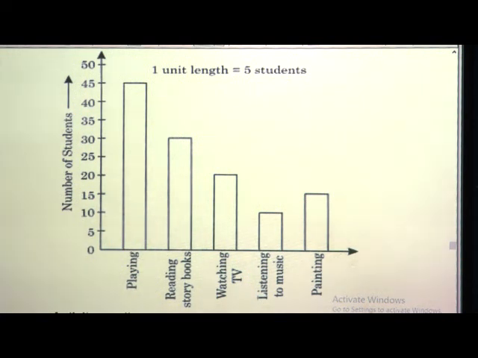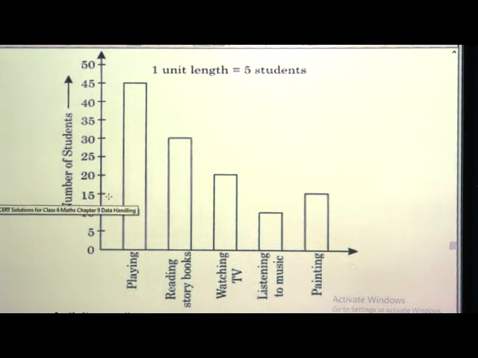Now, on the horizontal side we have different activities like playing, reading story books, watching TV, listening to music and painting. Playing was liked by 45 students, reading story books by 30 students, watching TV by 20 students, listening to music by 10 and painting by 15 students.